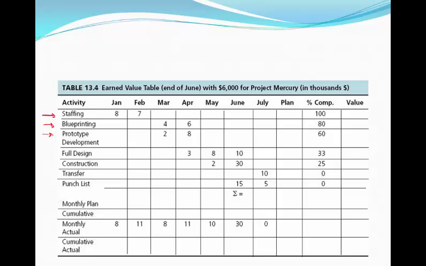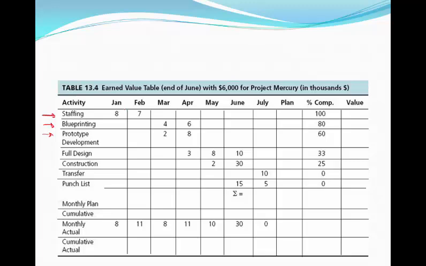So staffing, by looking at this table, we know that there will be some activities in January, some activities in February, and the third step is to create your phased budget. So in January, for staffing, we estimate that we will be spending $8,000.